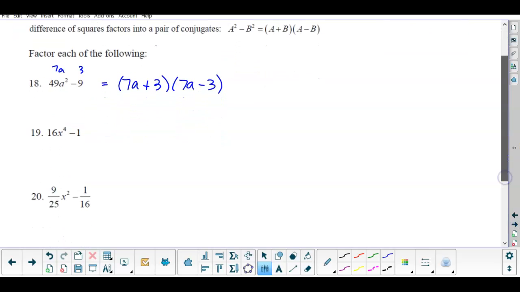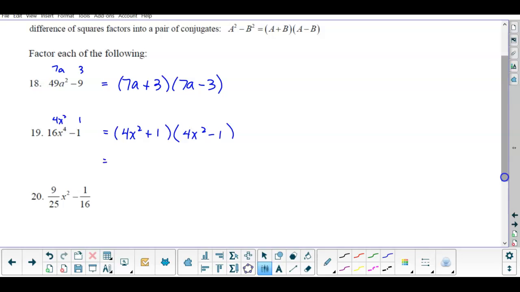Sometimes you can factor again, so always check your brackets. For example, here, the root of this is 4x squared. The root of 1 is 1. So this would be 4x squared plus 1, 4x squared minus 1. And then check. That's a subtraction, and this is a perfect square, and so is this.